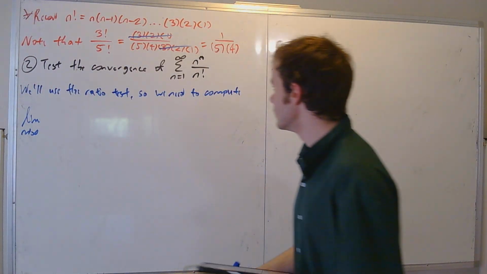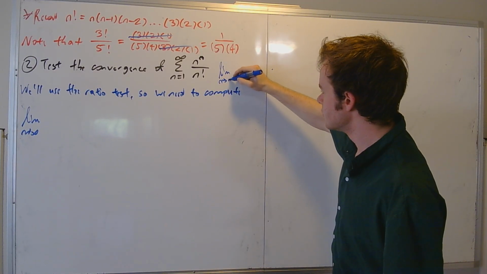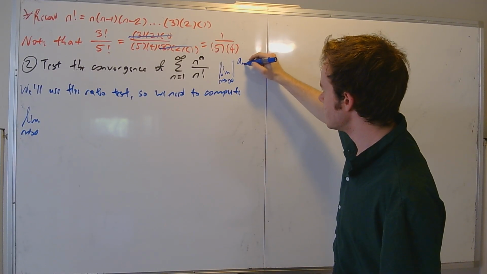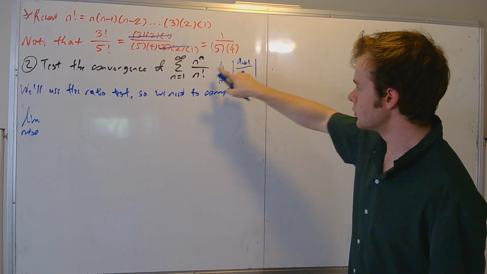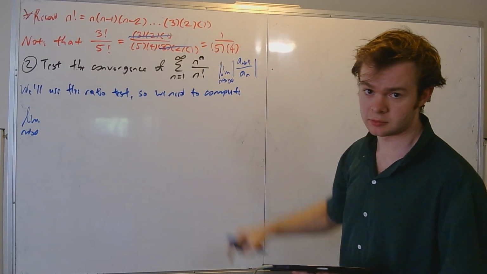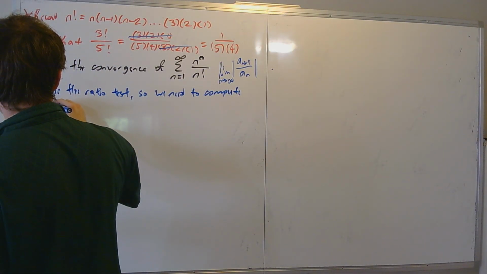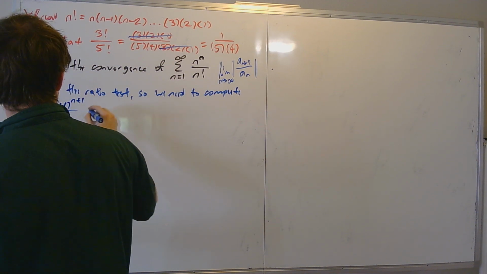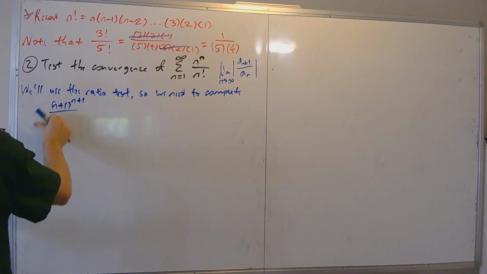so remember, it's the limit as n goes to infinity of the absolute value of a n plus 1 over a n, which means you have to plug in n plus 1 into this function and then divide by the original function. So if you do that, we're going to have n plus 1 to the power of n plus 1 over, so I'm just going to first compute the fraction, right?